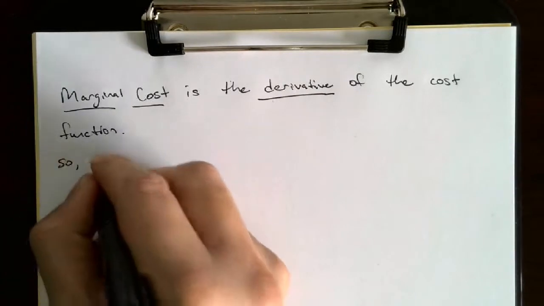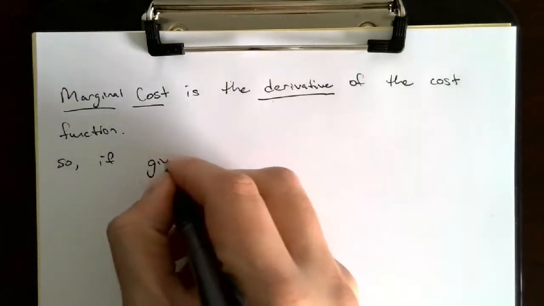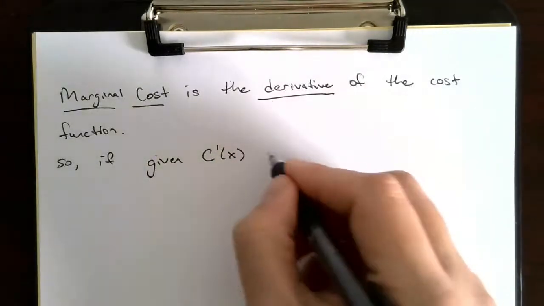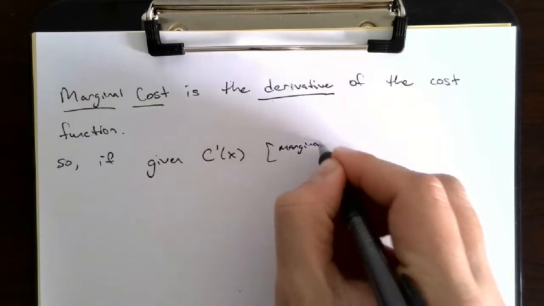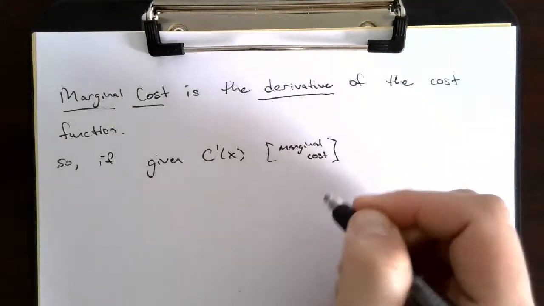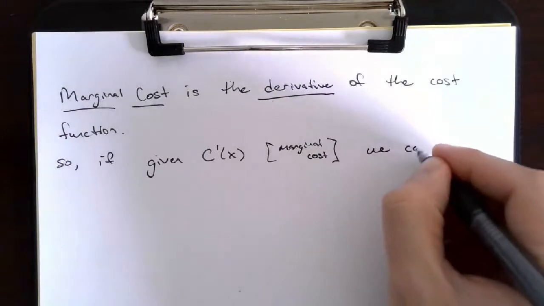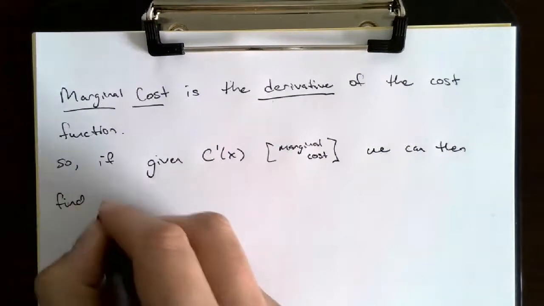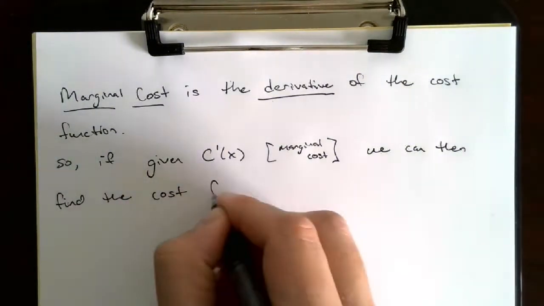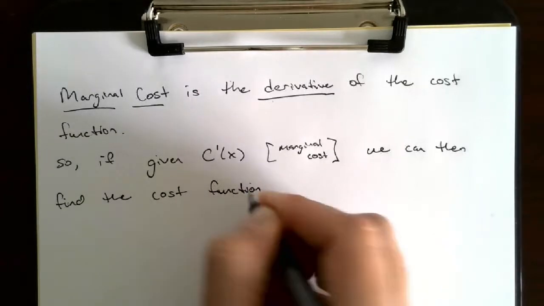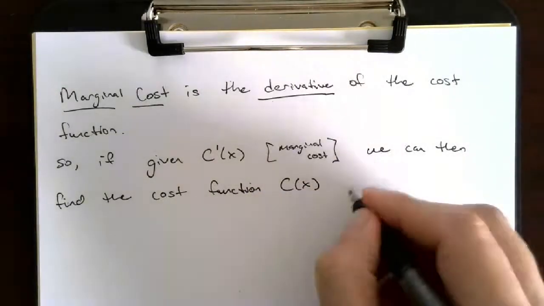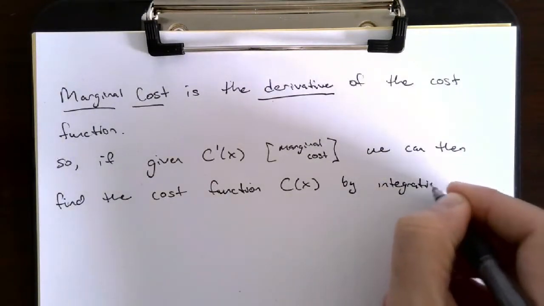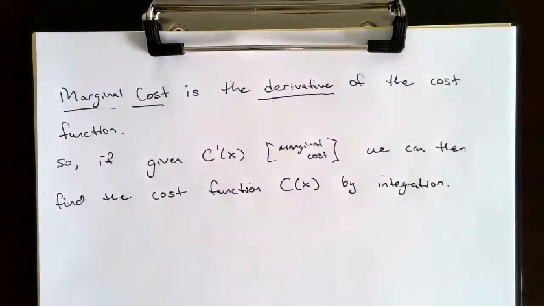So if given c prime of x, which we just said above is the marginal cost, we can then find the cost function c of x by integration, or by taking the antiderivative.